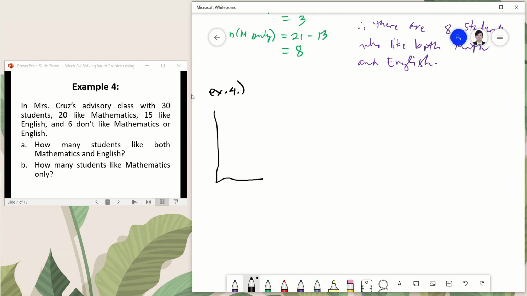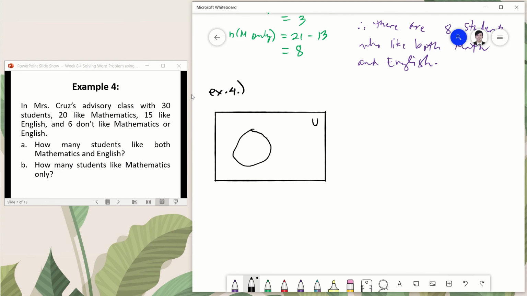So rectangle first, U, then two circles. Okay, let's try to make a better figure for circles. And then don't forget to represent, so that your reader will understand what the capital letters mean.